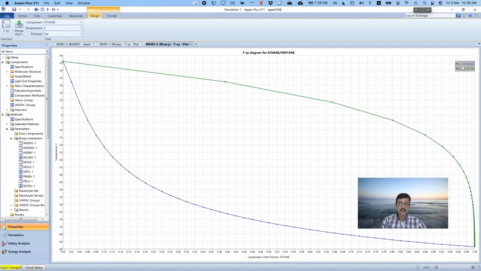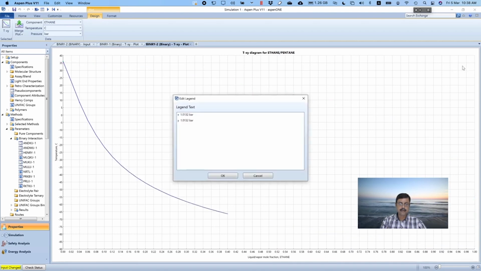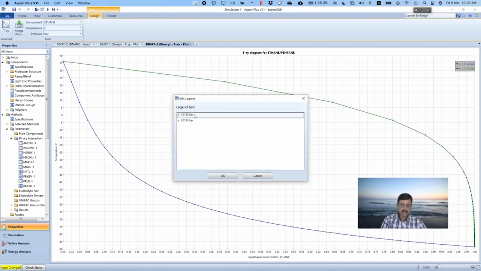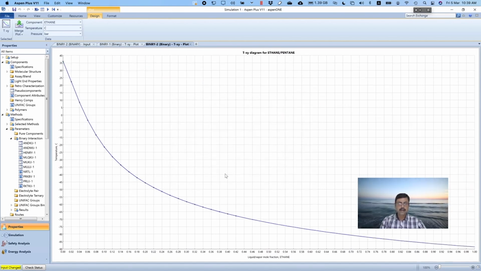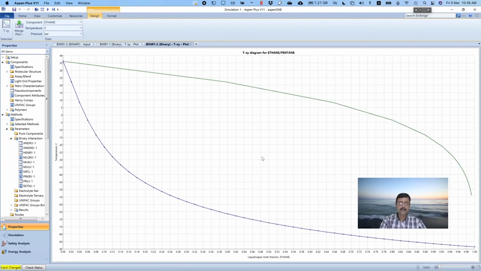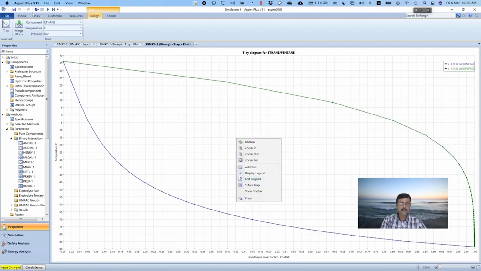Now let us change this name to UNIFAC so that we can differentiate it from the ideal case when we merge the graphs. Now merge the graphs. So merging plot with binary, this one.